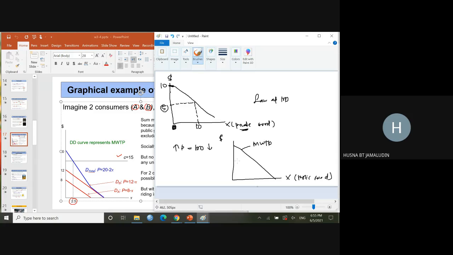At this price, for instance, let me put it at 10, it is too expensive, right? So no one will pay for it. But at this point, maybe 8. So tell me how to explain this.